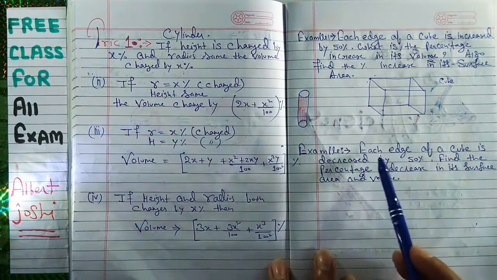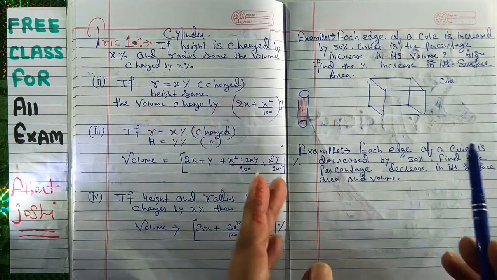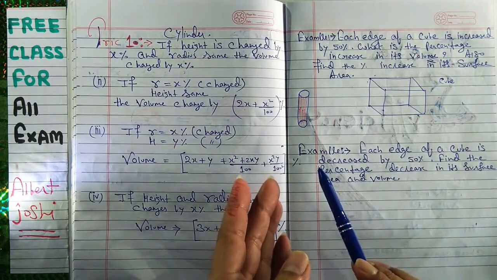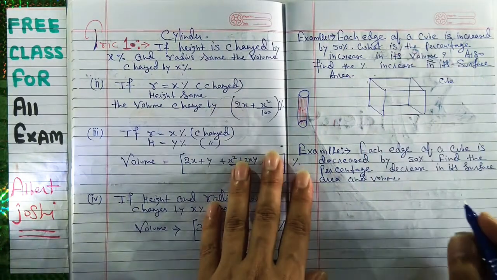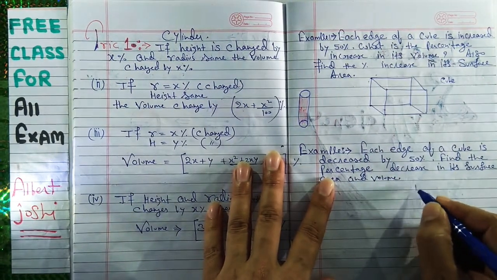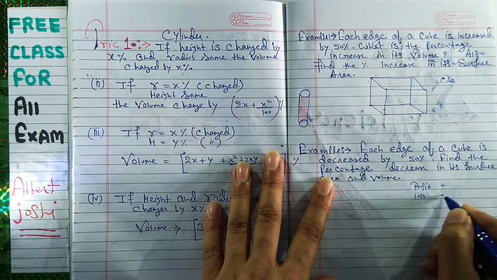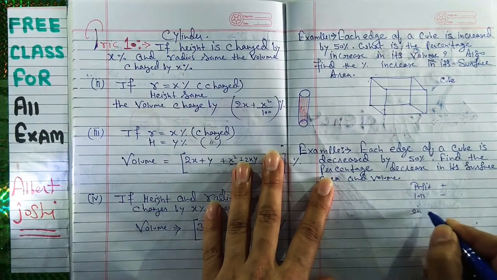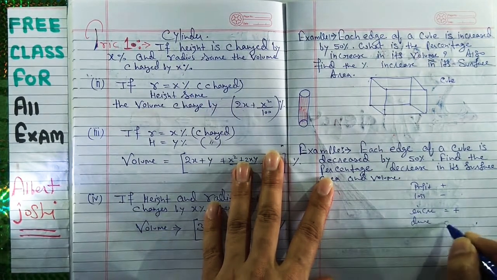Now the next question: each edge of a cube is decreased by 50%. Now think, if you decrease by 50%, find the percentage decrease in its surface area. I already gave you the information. Profit means plus and loss means minus. Increase means plus, and decrease means minus.